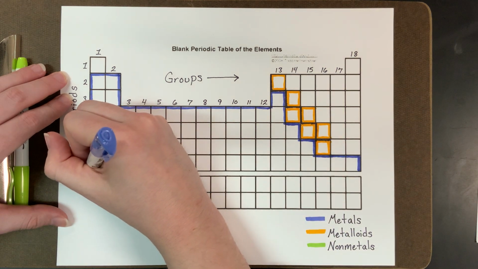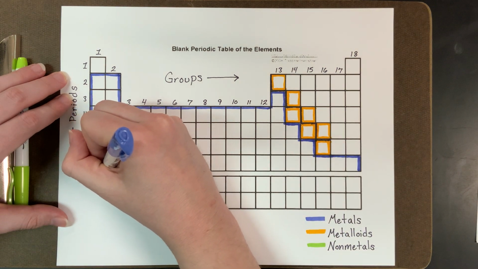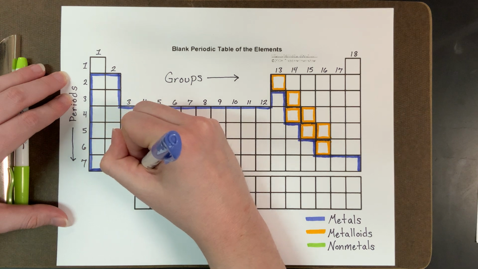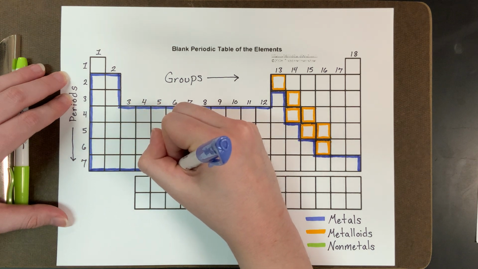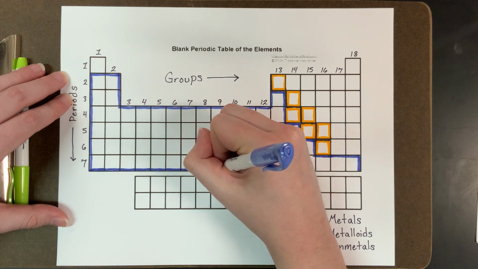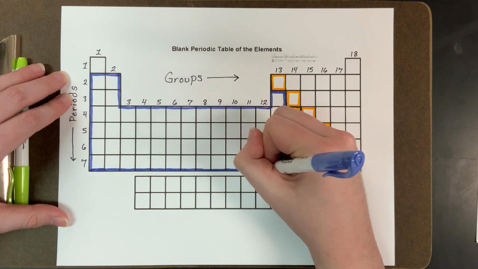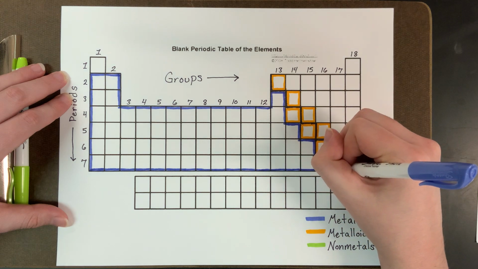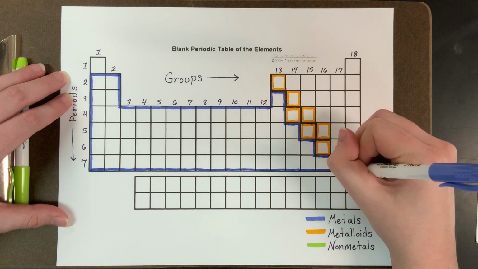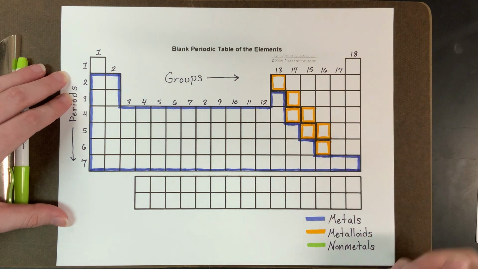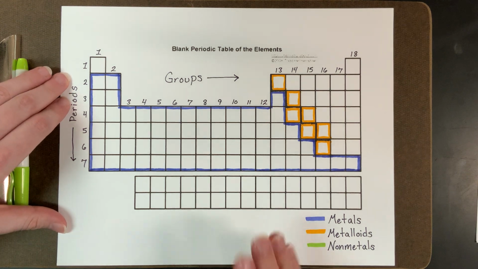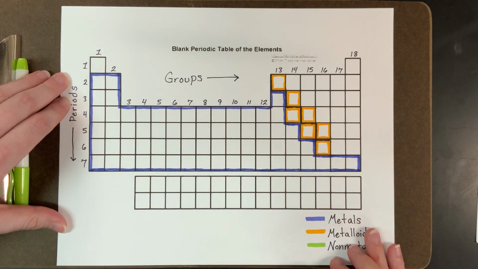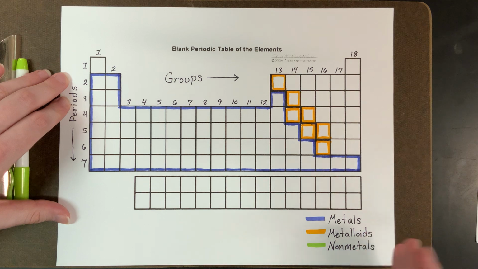There is only one metal that is a liquid at room temperature. All of the other metals are going to be a solid at room temperature. That one metal that's a liquid is mercury, number 80. So here I have all my main group elements outlined.